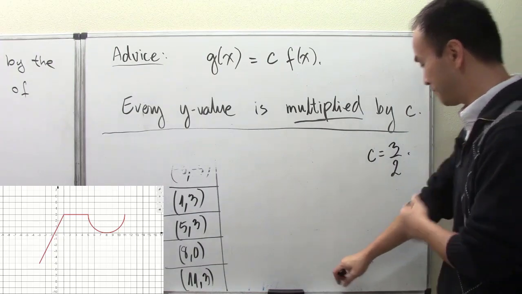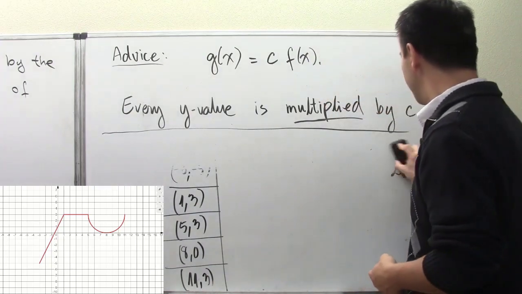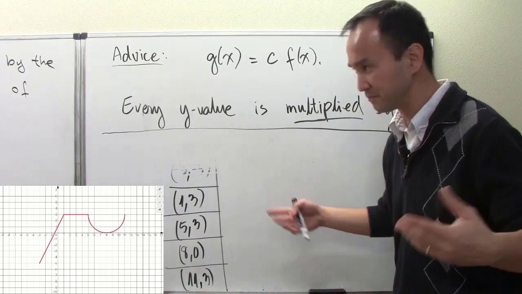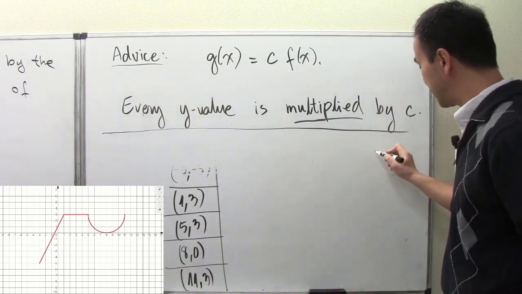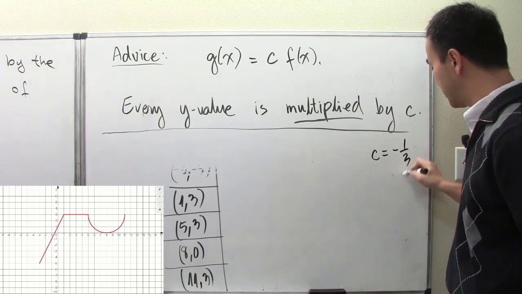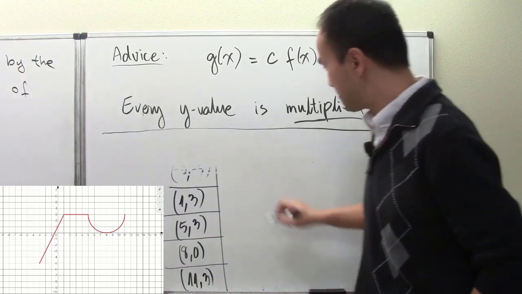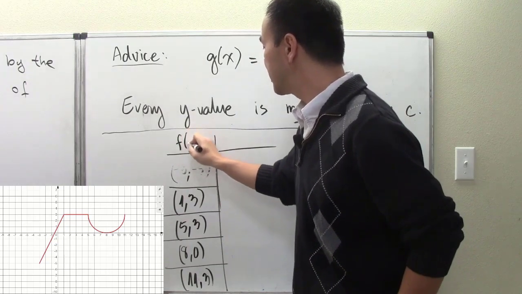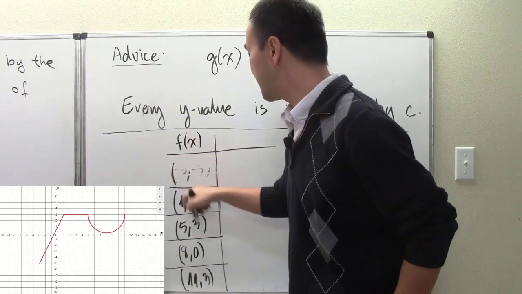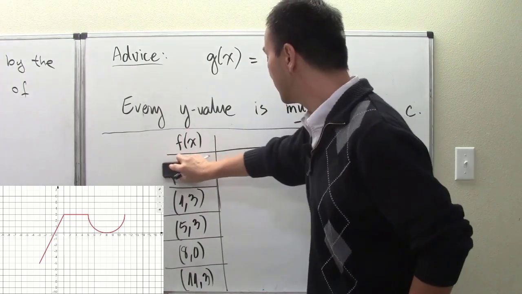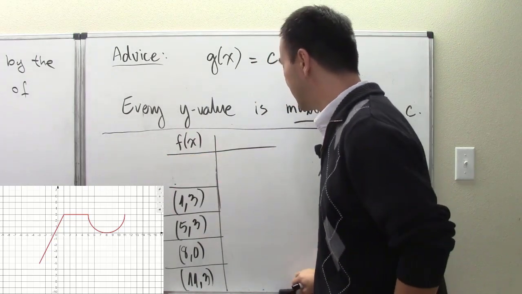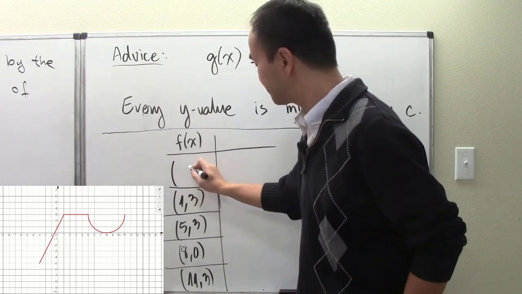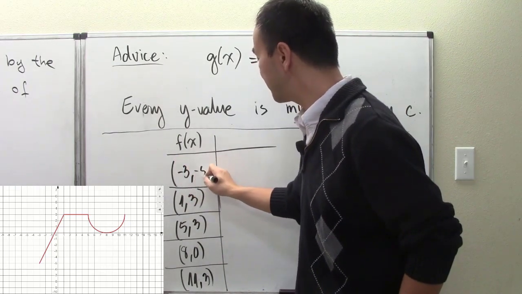Now in this particular example, problem B of example 3, the c value is negative 1/3. Here's the set of guiding points from my original parent function. The first point from left to right is negative 3, comma negative 5.